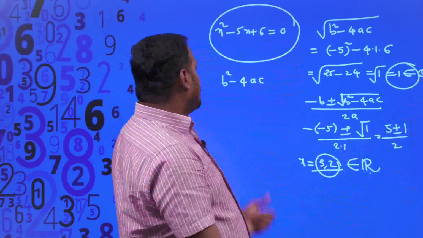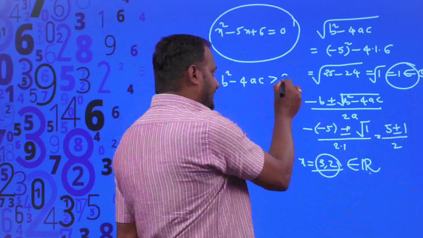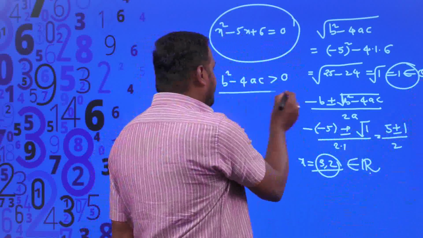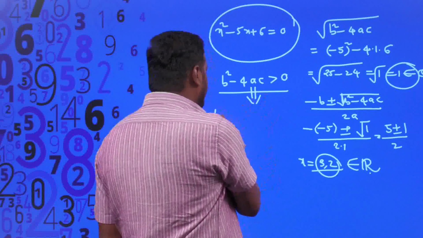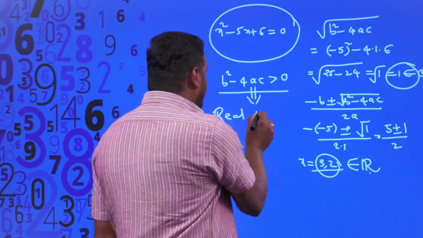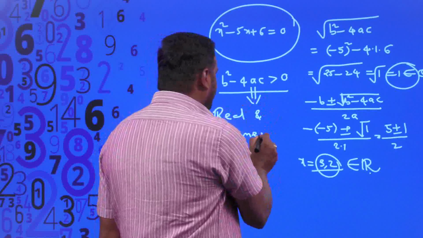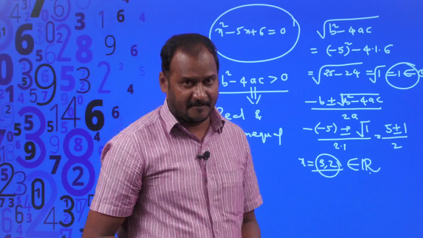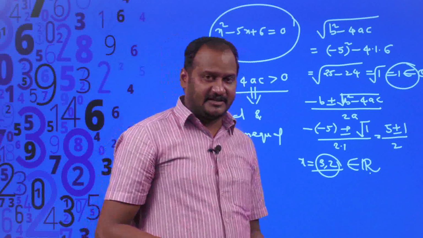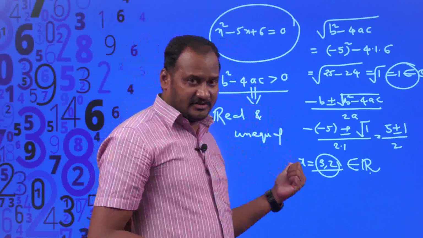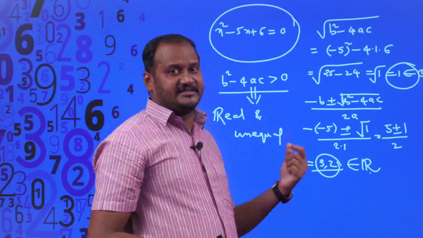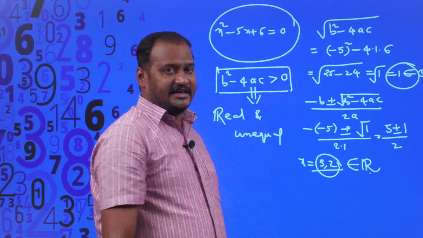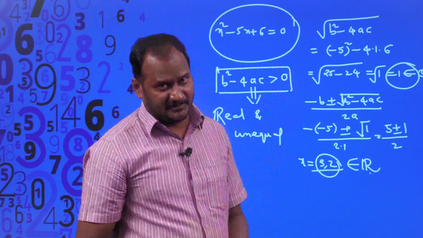So if b square minus 4ac is greater than 0, or b square minus 4ac is positive, then the roots of that quadratic equation are said to be real and unequal, otherwise real and distinct, otherwise real and different. You can call them by any name, but only under the condition that b square minus 4ac is positive, otherwise greater than 0, right?